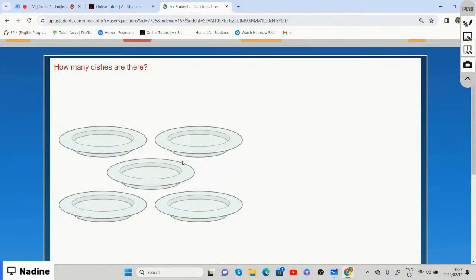So how many dishes are there? So if we count the dishes, we have one, two, three, four, five.